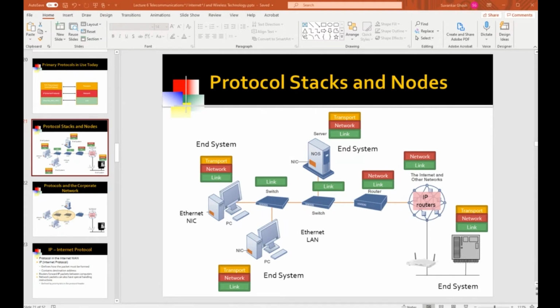So there it only needs essentially a switch, and most likely it's an Ethernet switch, which will then steer the packet to the end system. So that's why we have the three-layer protocol stack in end systems. In the switches, we have the link layer stack. And in the routers, we have the network and link layers.